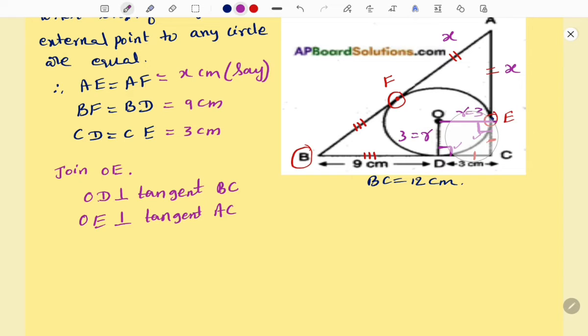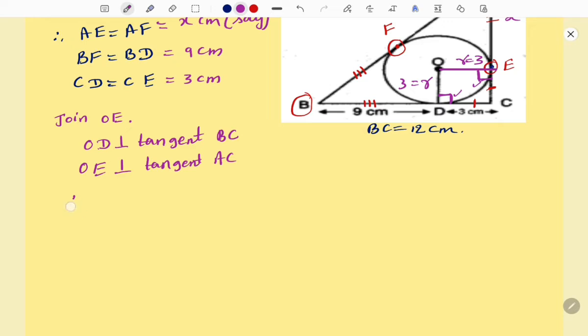Then this figure is called a square. Therefore ODCE is a square.